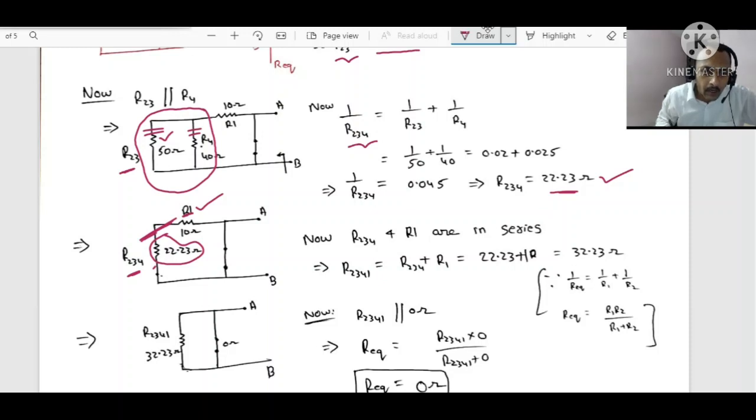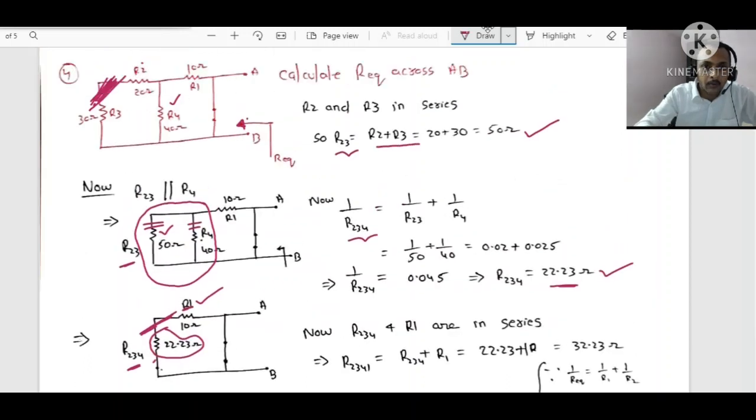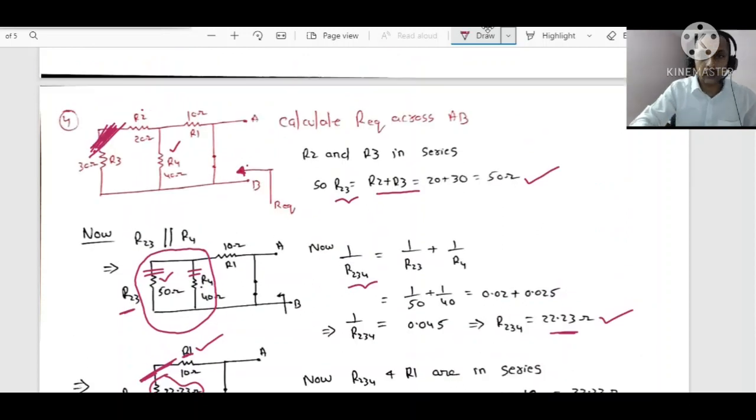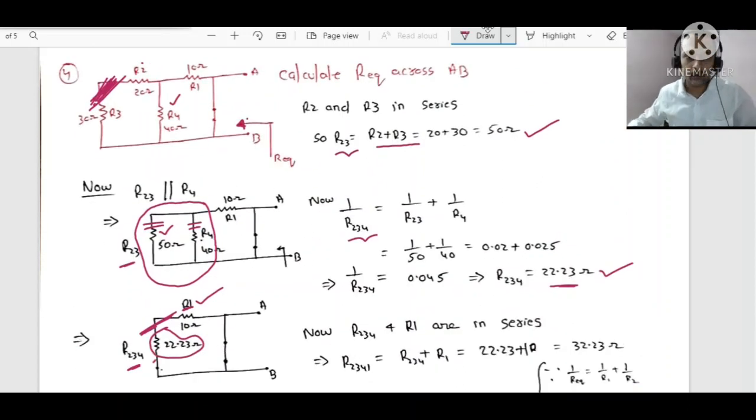You will get some value, and that value is parallel to this straight line, 0 ohms. This is parallel to 0 ohms, right? Like that. If you practice this one problem in your notes, it clarifies so many doubts in your mind.